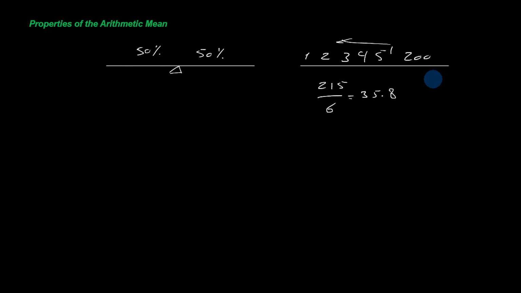Now, where the average leans toward really depends on what kind of numbers you're working with. We have these numbers that are very close to each other, but we have 200 that is way off. And we call those numbers outliers. And when you have outliers in your observations, the mean, the average, leans toward that outlier.